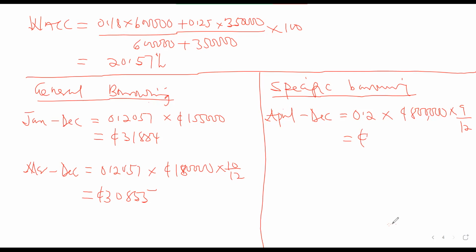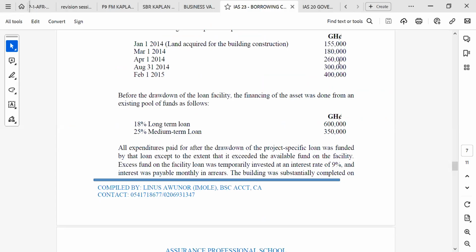120,000. Okay. But the question is, did we use all the 800,000 on this date? No, we didn't use all. So it means that we have used 260, isn't it? Okay. We have used 260, so it will be remaining 540, isn't it?